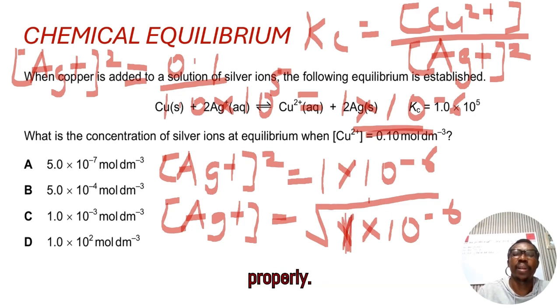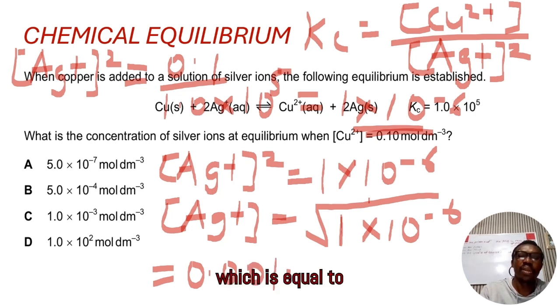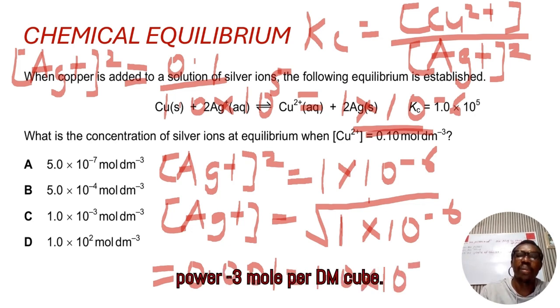Let me erase this so I'll write it properly. The square root of 1 times 10 raised to power minus 6, I'm going to use my calculator, gives you 0.001, which is equal to 1.0 times 10 raised to power minus 3 mole per dm cube.